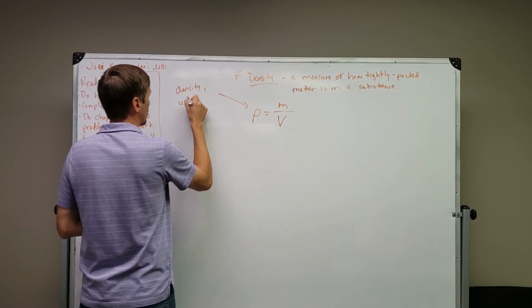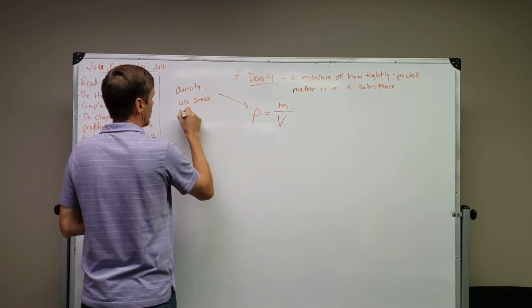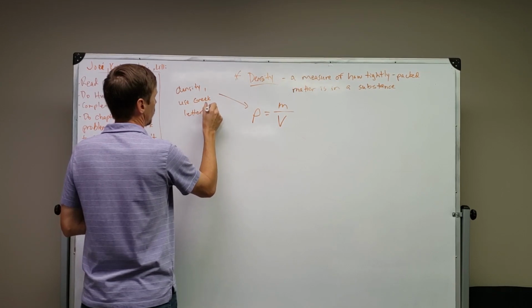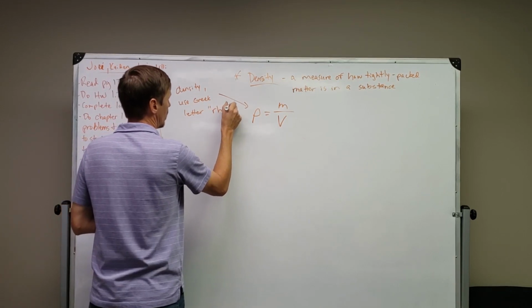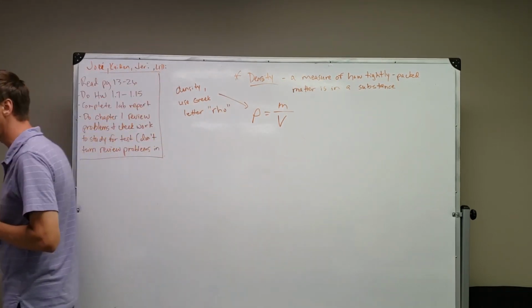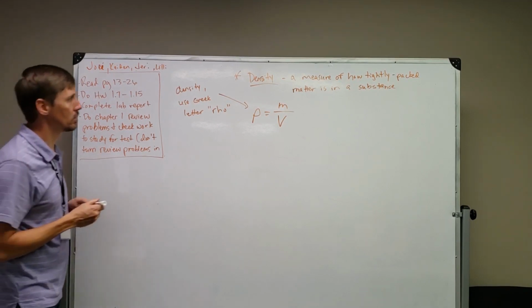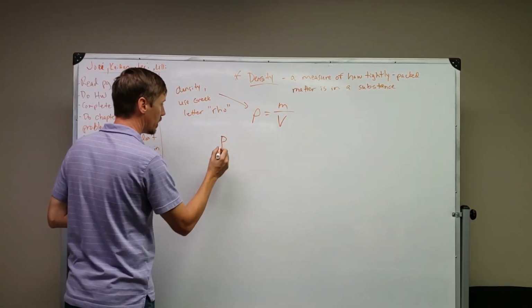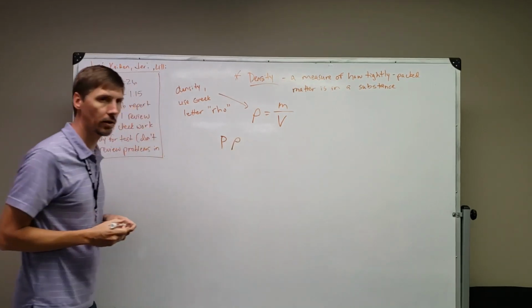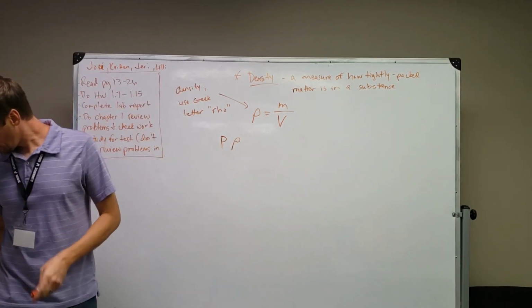And so for density, we use the Greek letter rho. That's not a P, that's the Greek letter rho, which kind of looks like a curvy letter P. So this would be a P, right? And that's a rho, just kind of curved a little bit.